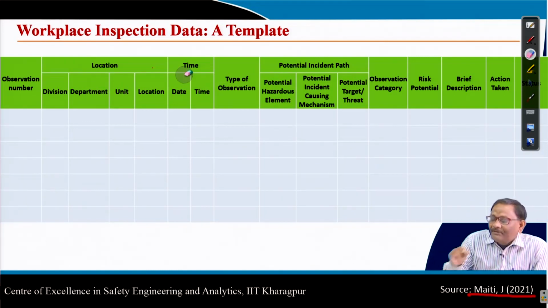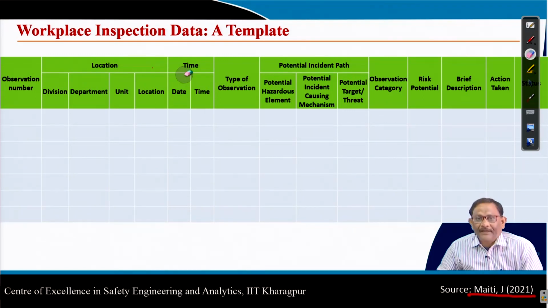Suppose this is the minimum table required. When we are preparing the data from the inspection, suppose some of the fields we are not filling, with the thought that this is not important anyhow.